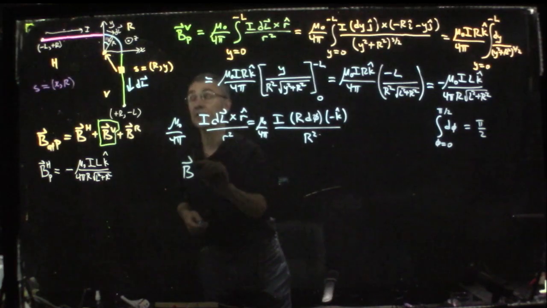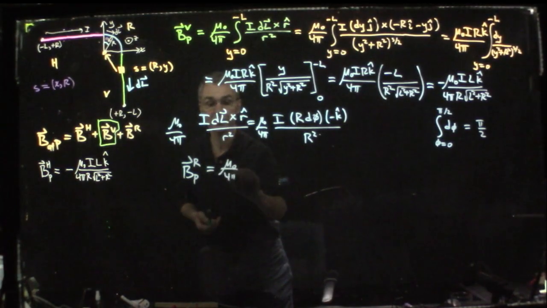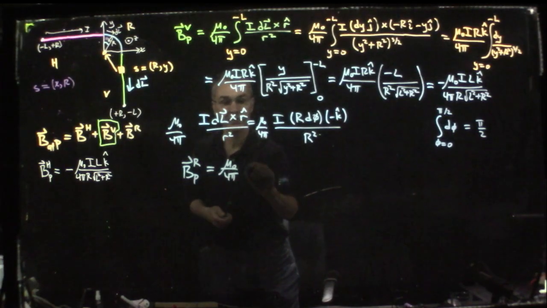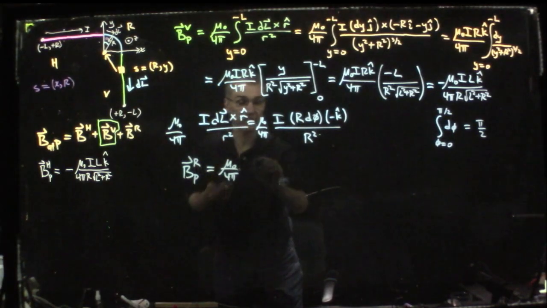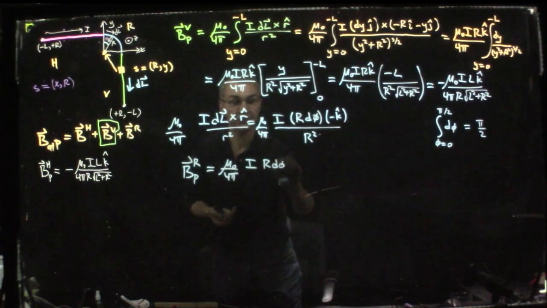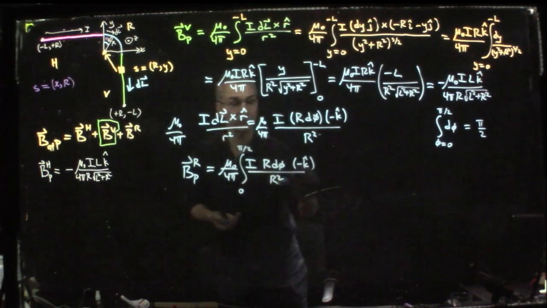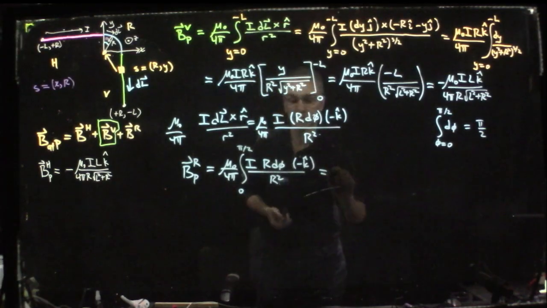So this is the circular component, the r component of the magnetic field at point P. That's mu naught over 4 pi, and then I dl cross r hat is just I r d phi, in the minus k hat direction, divided by r squared, so one of those r's will cancel. Then we're just integrating from 0 to pi over 2, so that's multiplying by pi over 2.